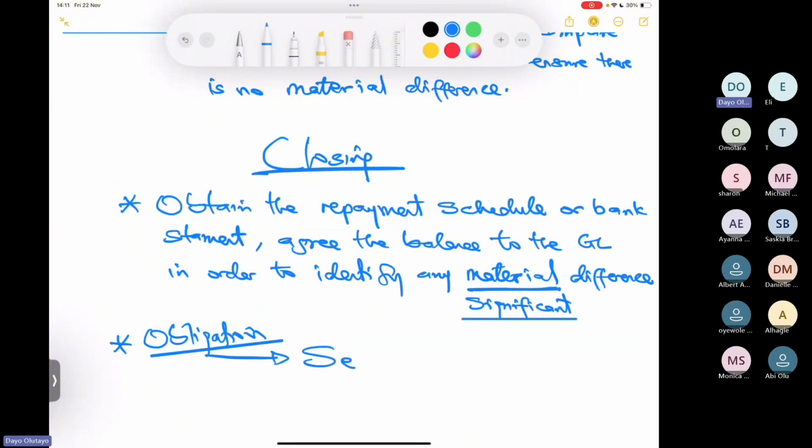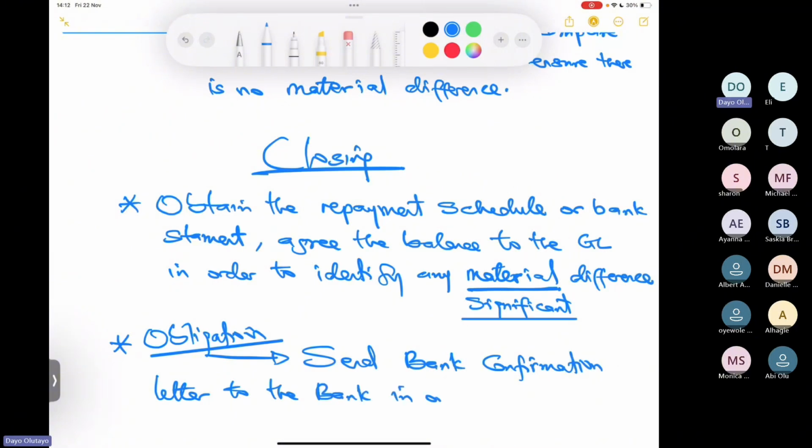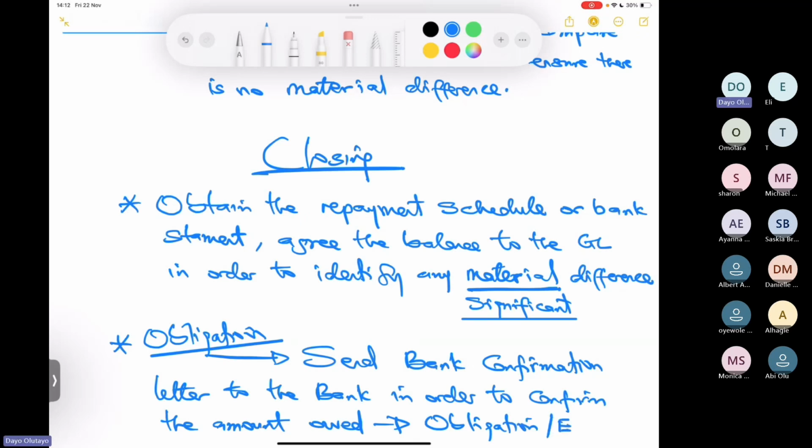So send bank confirmation letter to the bank in order to confirm the amount. This procedure will give you comfort on obligation and also on existence.